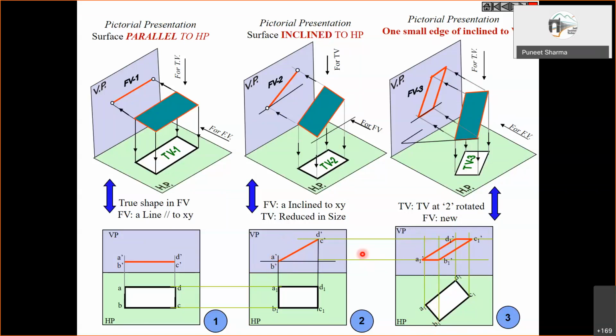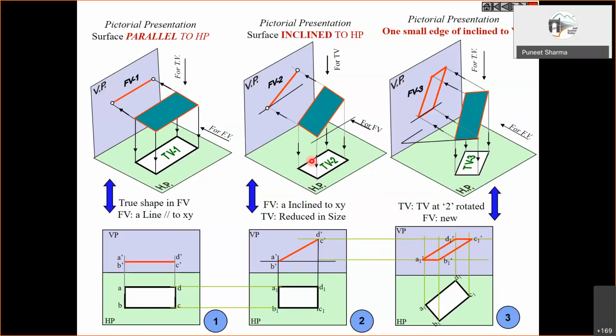Then their intersection with the loci of A and B will give us A1 dash B1 dash, and the same goes for C and D. Their distance here from the XY line is the same as that of C and D in this figure. Okay, right. So rotation of this brought it to some other position, but the inclination of the plane from HP remains the same. The distance of the shorter edge from the plane remains the same. So that is the thing.